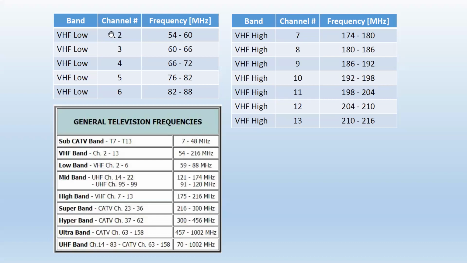Channel 2 is the lowest one on the TV spectrum, and it goes from 54 to 60 megahertz. Then channel 3 gets another 6 megahertz of space to shove all the content, 60 to 66, and so on. Every 6 megahertz, we'll have another channel. Then channel 7, and then there are those other signals.